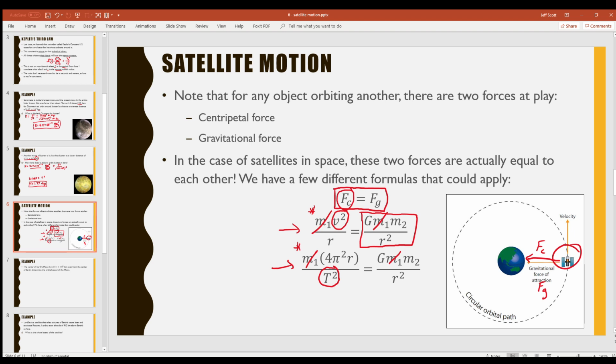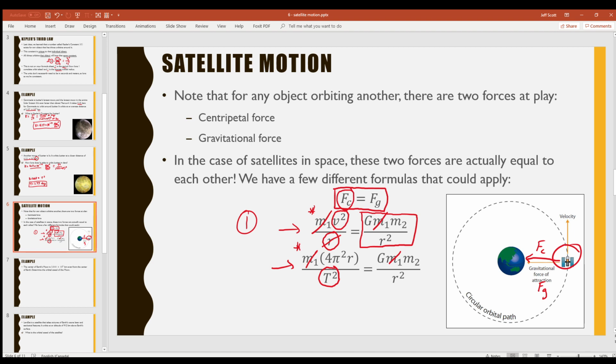Now, furthermore, with this very first equation, there's something else you can actually do. There's something else we can cancel out on both sides of the equation. Notice we have a radius that shows up in the denominator on both sides of the equation. If we multiplied by r on both sides, that would get rid of the r here.